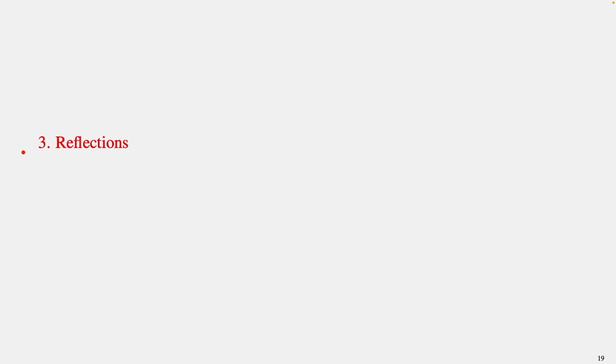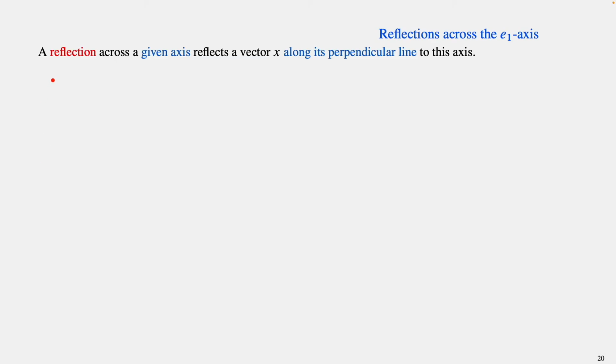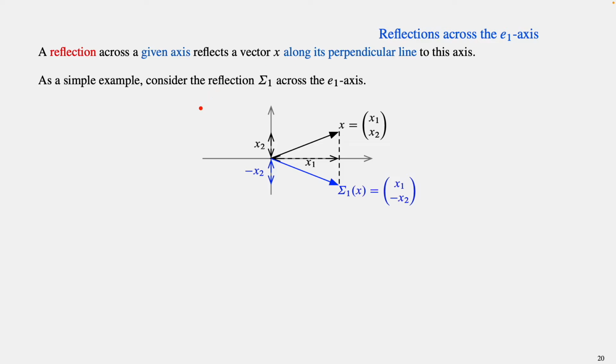Next up, we look at reflections. So a reflection across a given axis reflects a vector x along the perpendicular line to this axis. And as a simple example, I want to consider a reflection that I denote by the letter sigma. I call it sigma 1 because it's a reflection across the E1 axis. So this is the E1 axis, which is spanned by our first canonical basis vector E1.